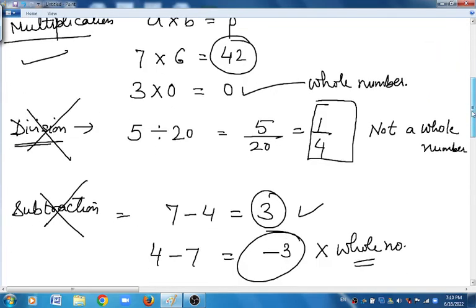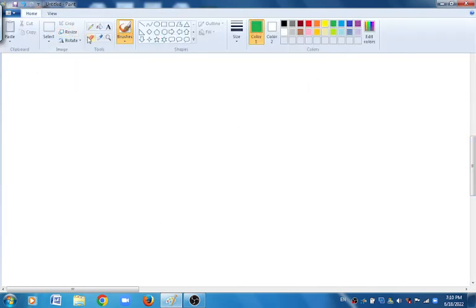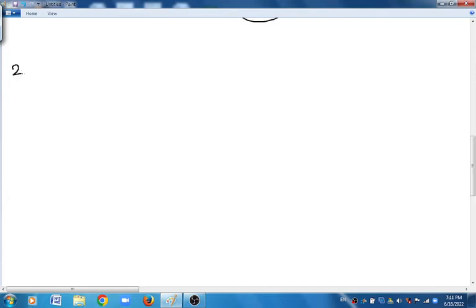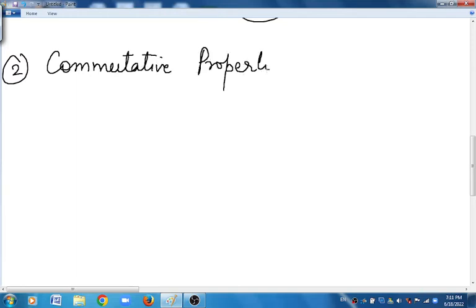Now coming to the next property, which is commutative property. According to commutative property, we can add two whole numbers in any order and the result remains the same. Take an example. Suppose we are adding a plus b is equal to c.